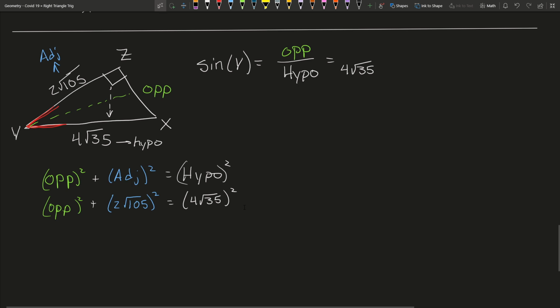And when we do that, we get what we have on the screen. And we need to simplify and solve for the opposite side.